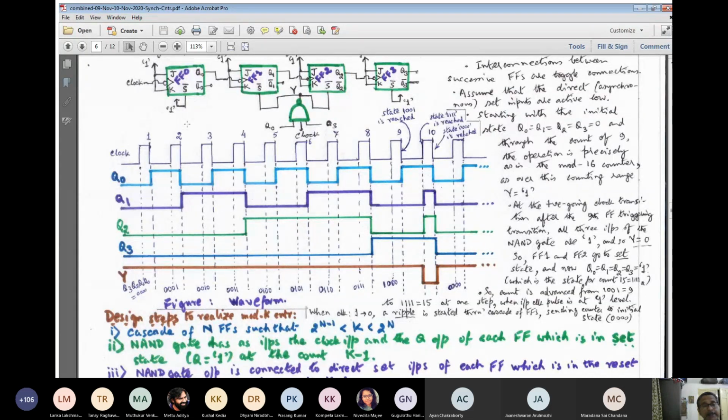If you increase the number of flip-flops without bound, that can be a bit difficult, because there will be slight relative delay between the arrival of the clock at different flip-flops. That's why, as we have seen, partly synchronous, partly ripple designs are also acceptable, because that will reduce to some extent the loading on the clock driver.